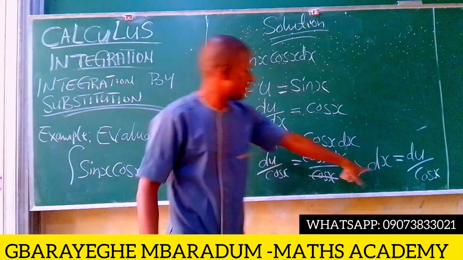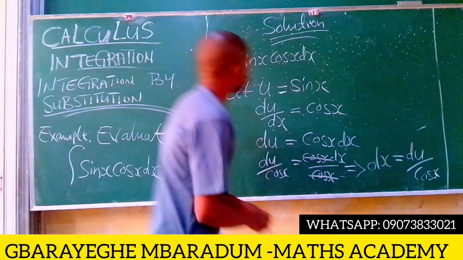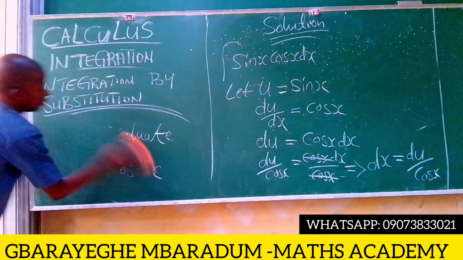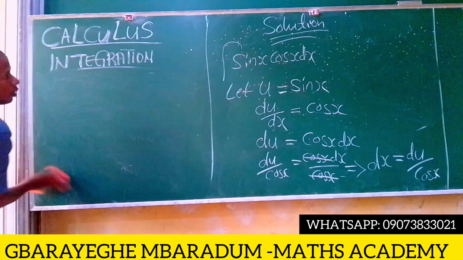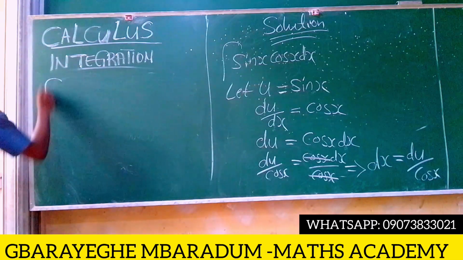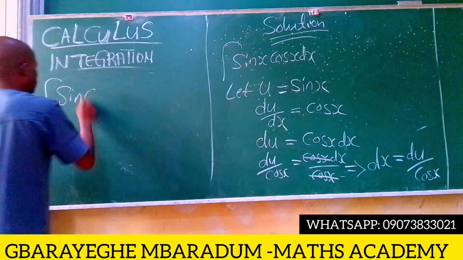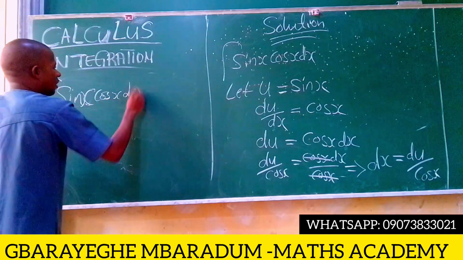Now at this point in time, we have already gotten our dx, which is du all over cos x. Now let's substitute them into this function. The function we have here was the integral of sin x cos x dx, right?